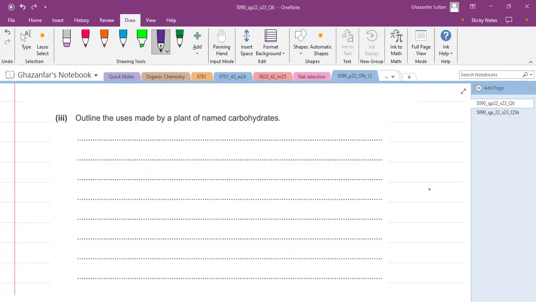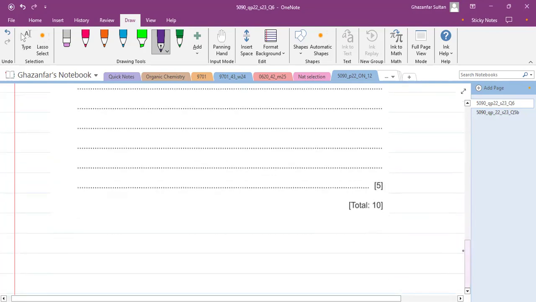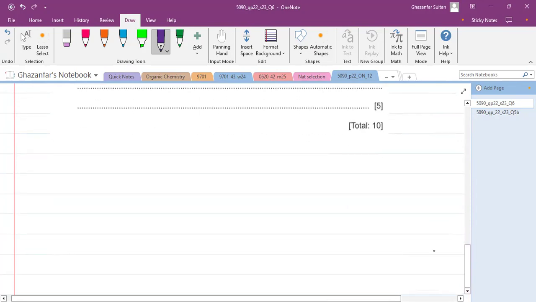Now, this is the third part of the question. Outline the uses made by a plant of named carbohydrates. So what are the different carbohydrates in plants? First of all, you know the main carbohydrate that is synthesized by photosynthesis is glucose.